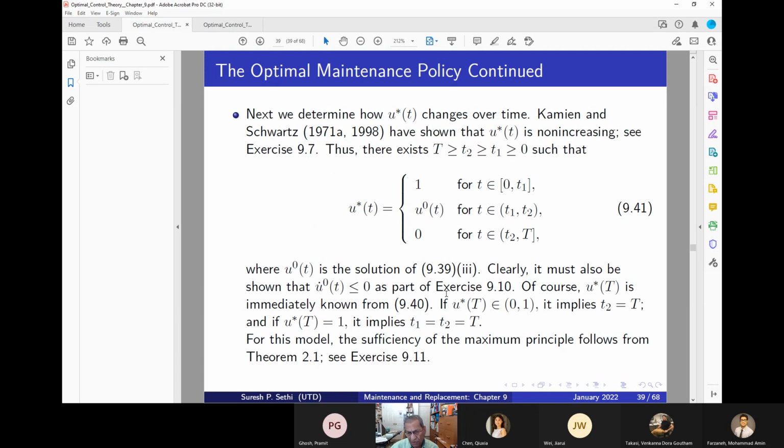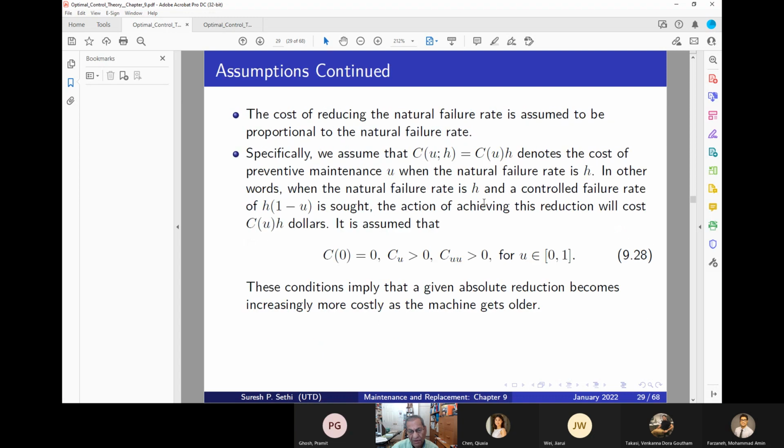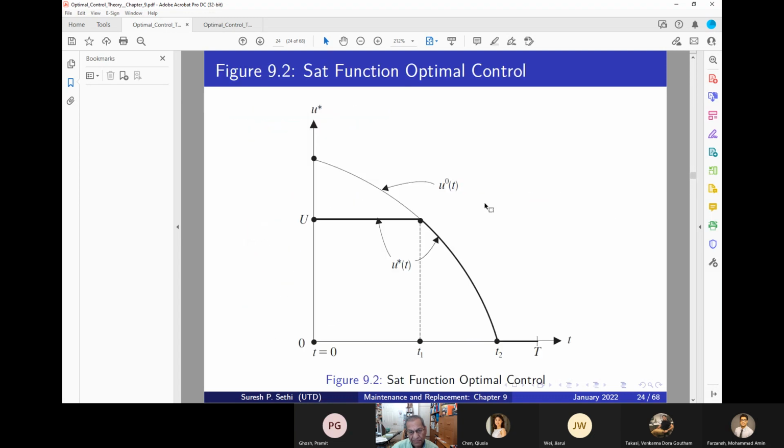And Kamien and Schwartz basically characterize the problem by calculus, and show that there are these two time intervals. T1 could be 0 in particular. T2 could be T in particular. In the first interval the control is 1, the second interval is singular, and the third one is 0. So the control almost looks like the control that I obtained in 1973 for a deterministic problem.